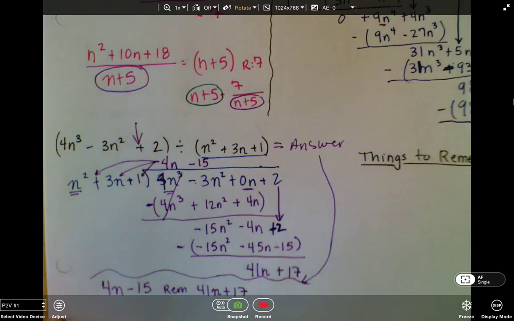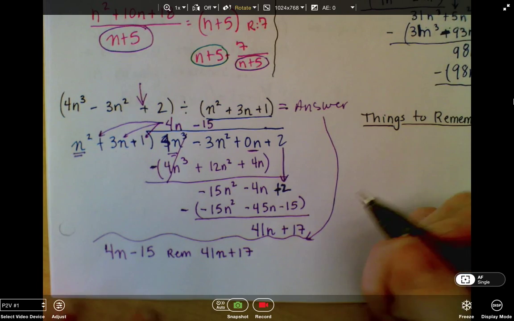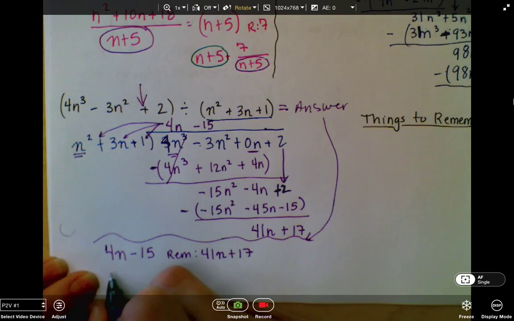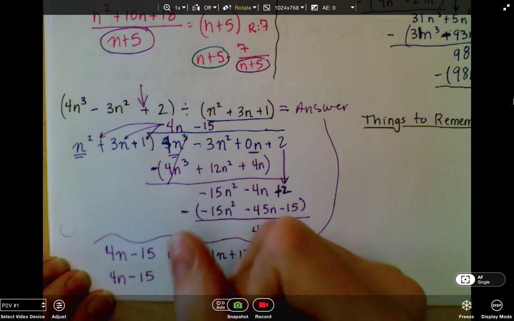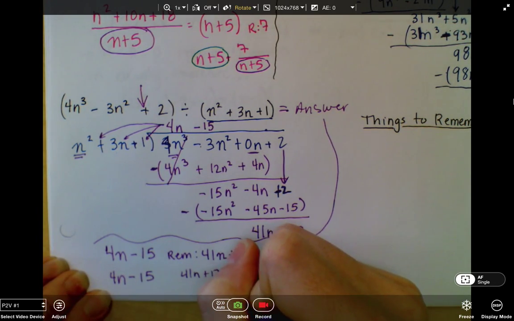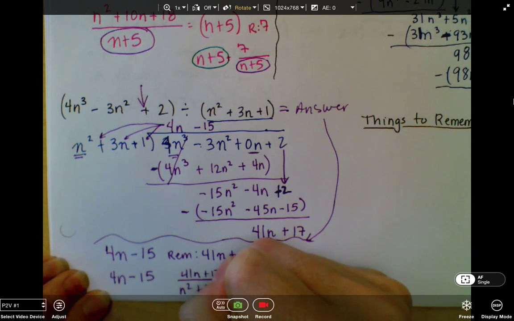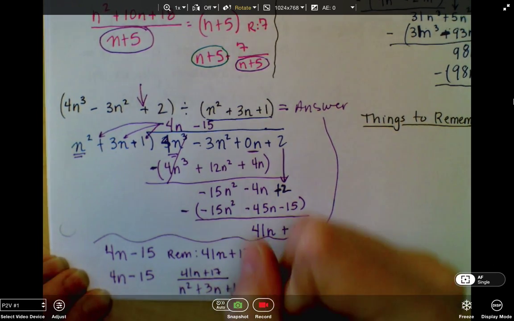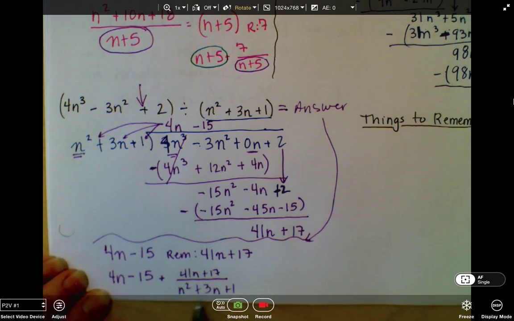That's kind of a weird one, but these ones that have remainders are always kind of yucky. You might see it written again with a fraction. Say that my answer is, it goes in this many times cleanly with 41n plus 17 over the original divisor, n squared plus 3n plus 1, with that being our leftover quantity.